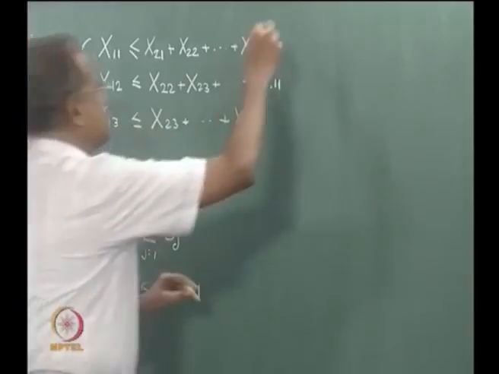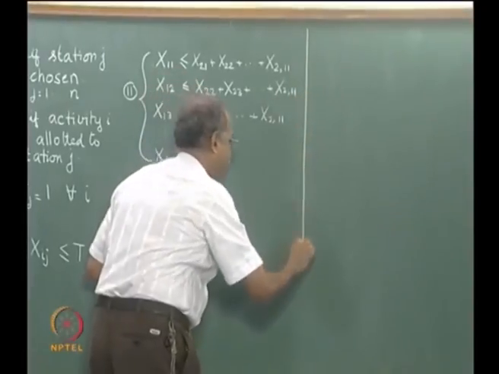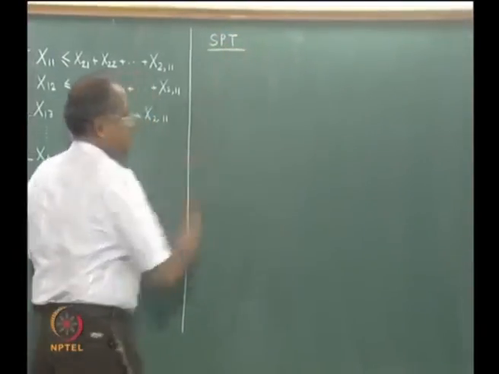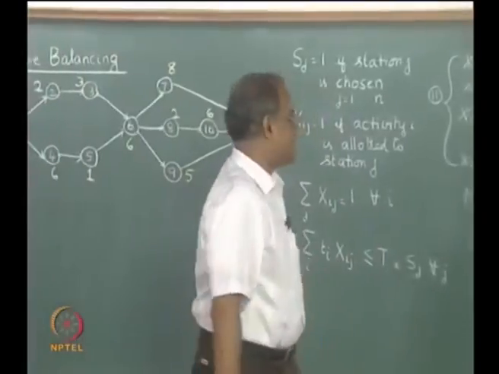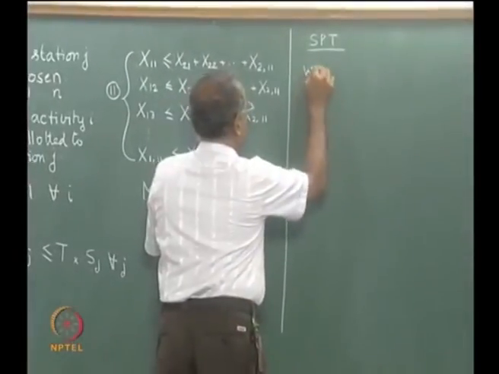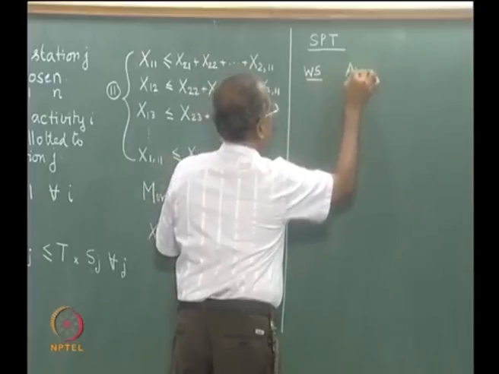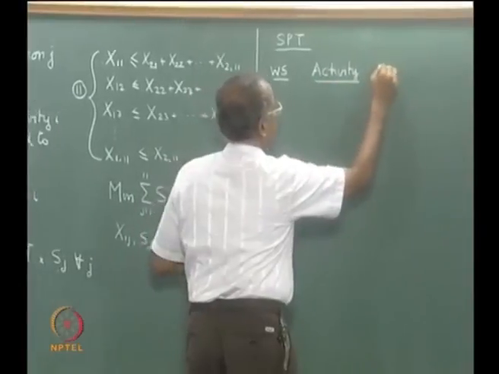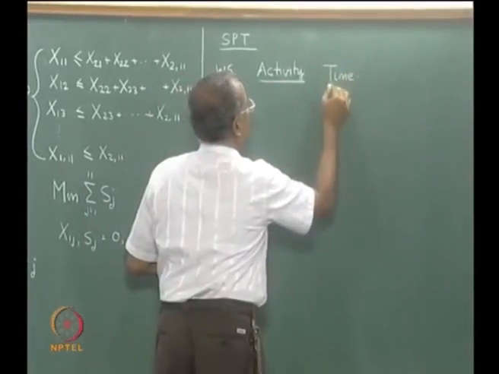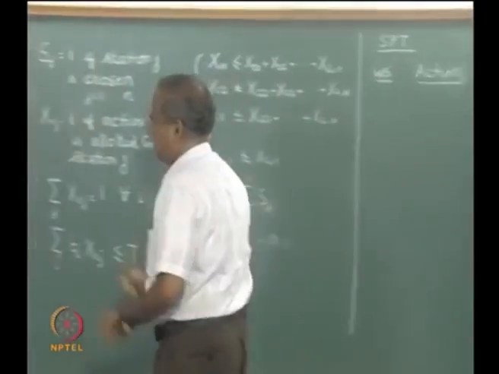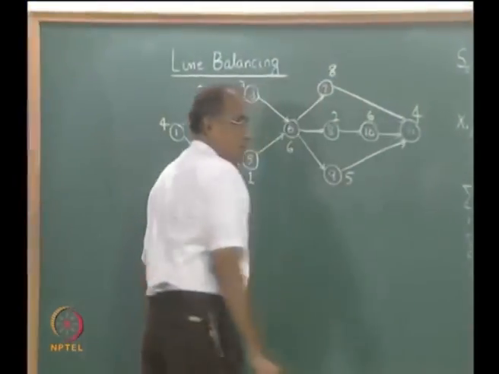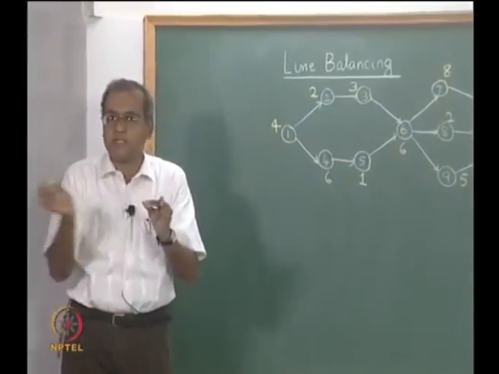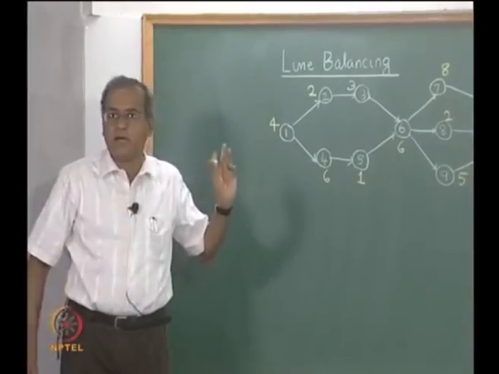One is a heuristic solution which is based on shortest processing time. So we would start by saying, to begin with, we can do activity 1 only, because all the rest of them have precedence relationships which are related to activity 1.